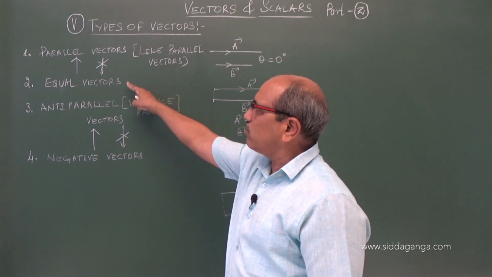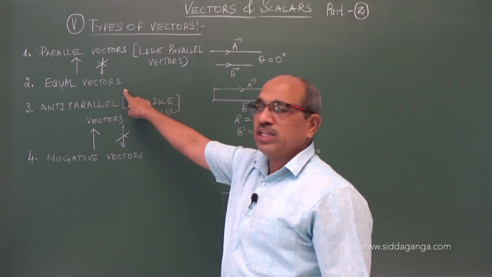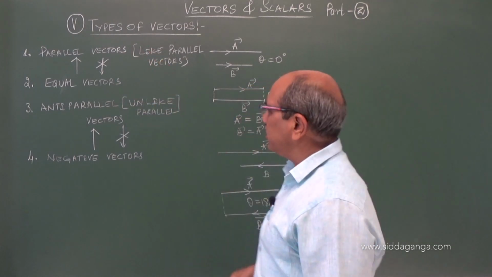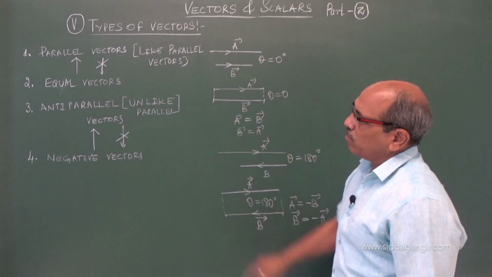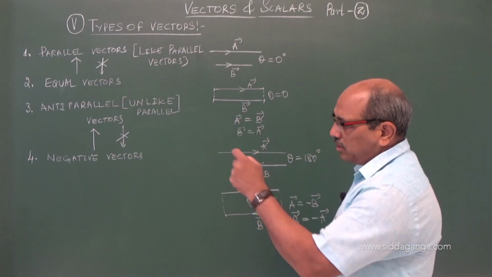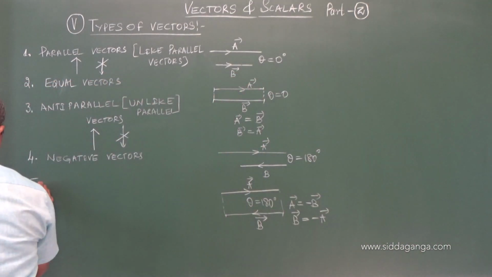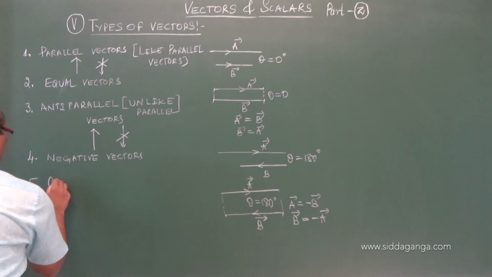Likewise, equal vectors are parallel vectors with the same magnitude. I think you find the difference between parallel vectors, equal vectors, anti-parallel or unlike vectors, and negative vectors. Now coming to the fifth one, collinear vectors.